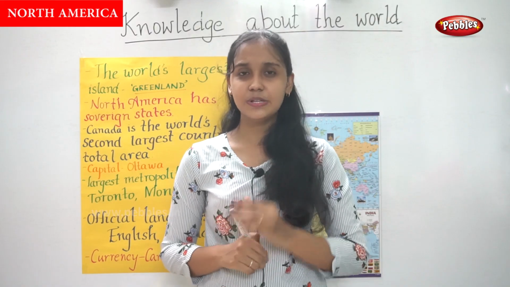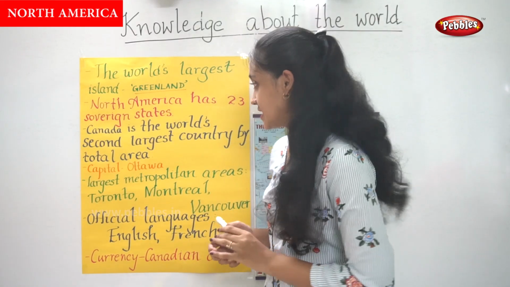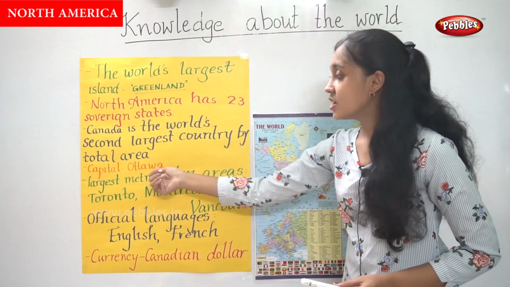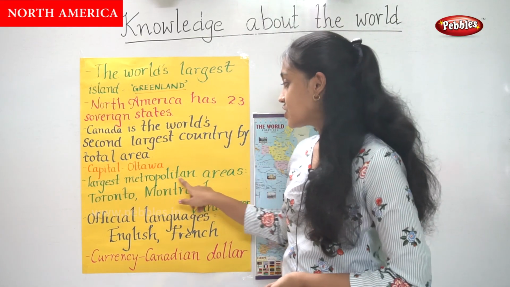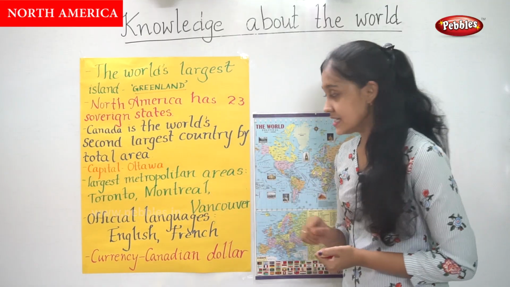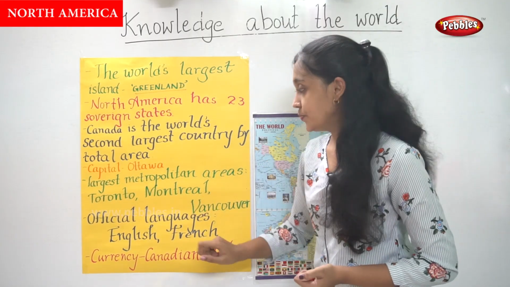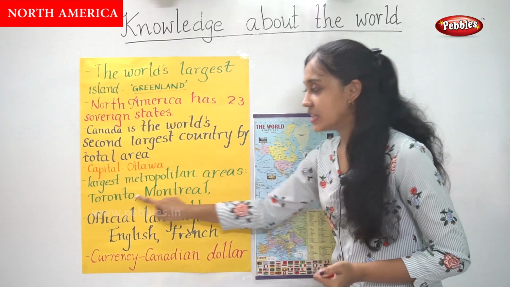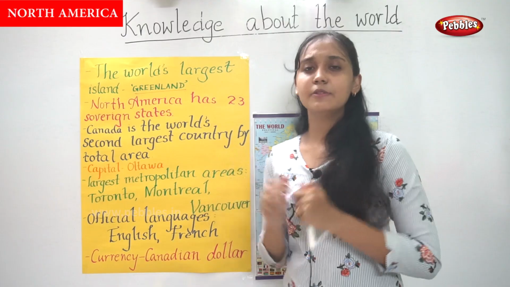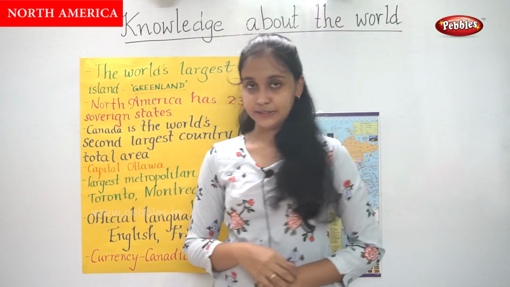So it is very simple, there are not many countries here. So the capital is Ottawa and some other cities in this place. So the largest metropolitan areas are Toronto, Montreal and Vancouver. So these are the names of some of the cities in Canada.